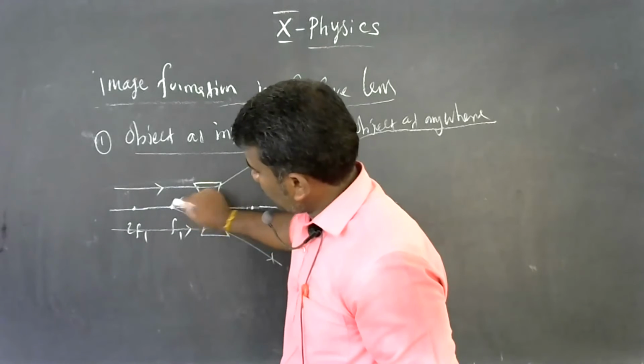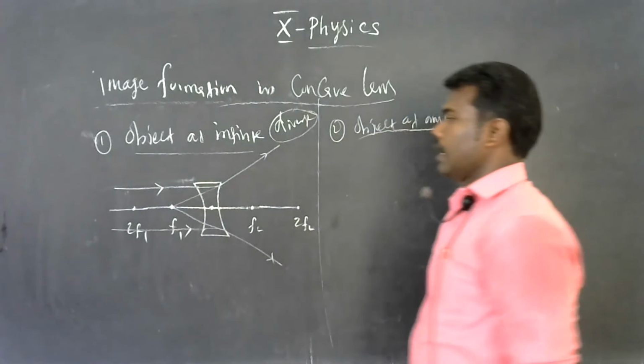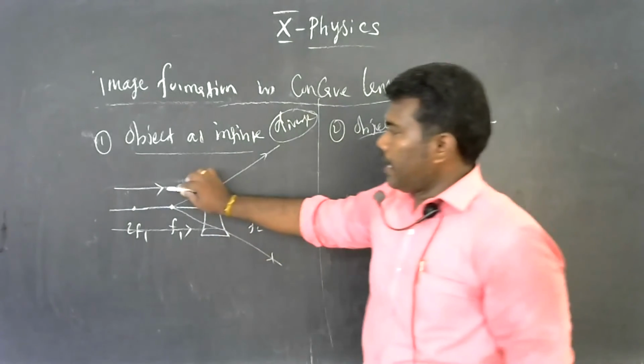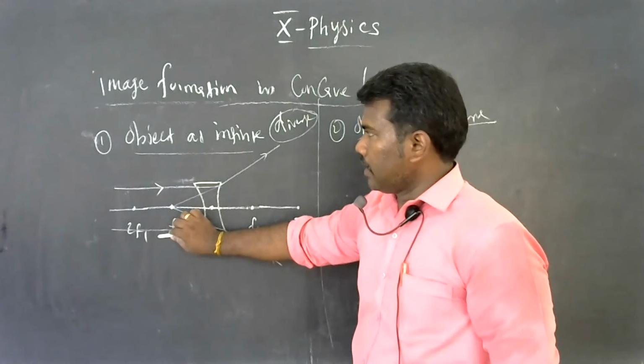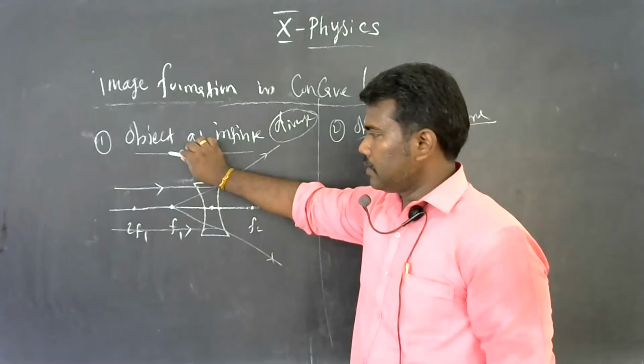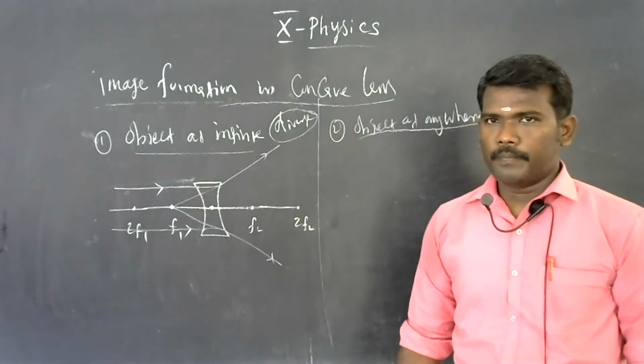They merge at the point F1. So the image will be formed at the point F1. We can say that if the light rays are parallel to each other, or the object is located at infinite distance, the image will be formed at the point F1.